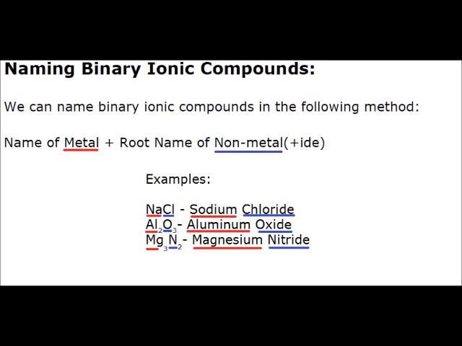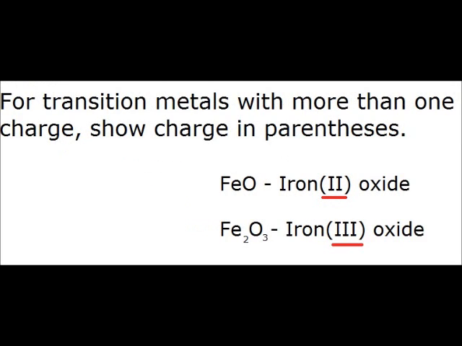Now there's one other thing we want to discuss. Another important part of naming ionic compounds is that many of the transition elements, transition metals in particular, can take on a variety of charged states, and we call these oxidation states. When we list these transition metals in a name, we include the charged oxidation value in parentheses next to the metal name.